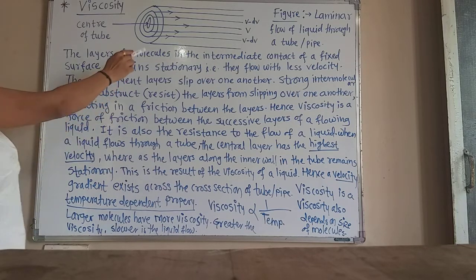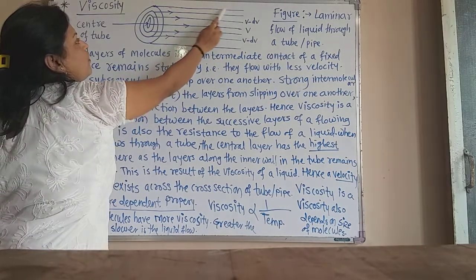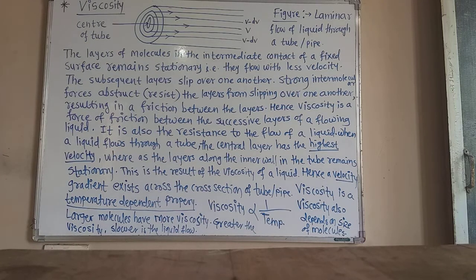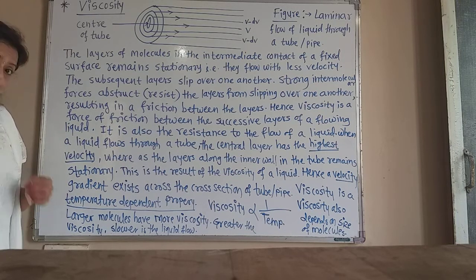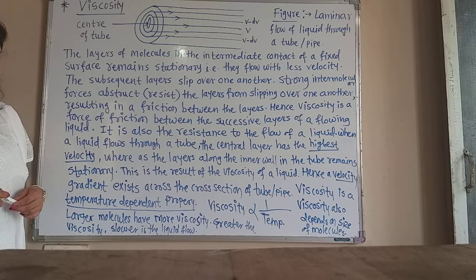I told you these layers on the inner wall of the tube remain stationary, and this is the result of the viscosity of a liquid. Due to the stationary layers having less velocity, the property of viscosity is there in the liquid.